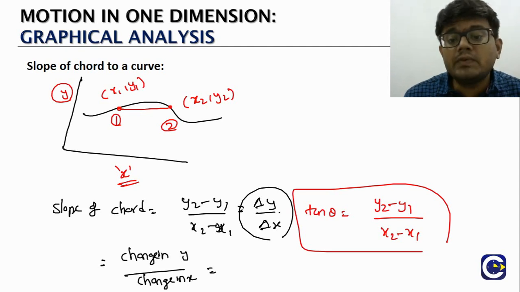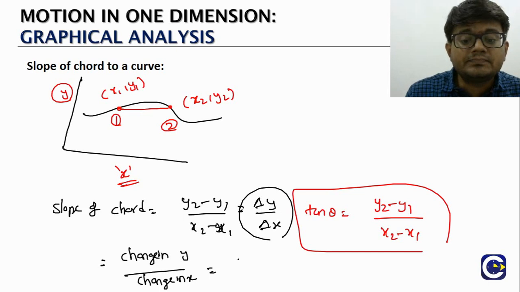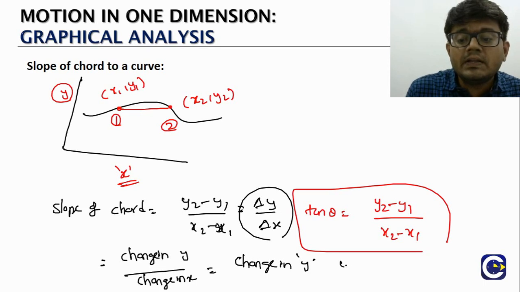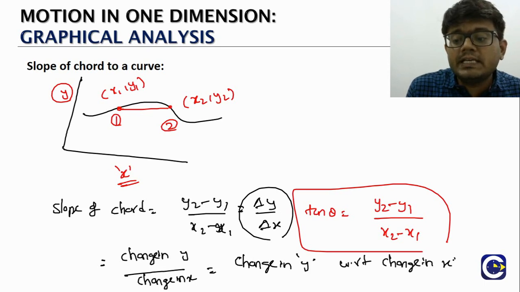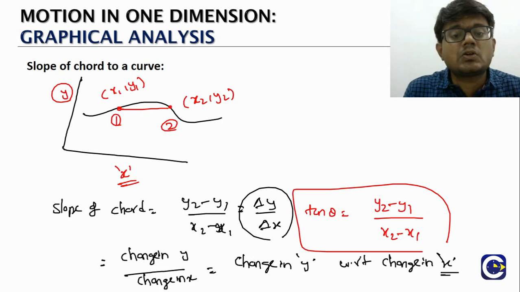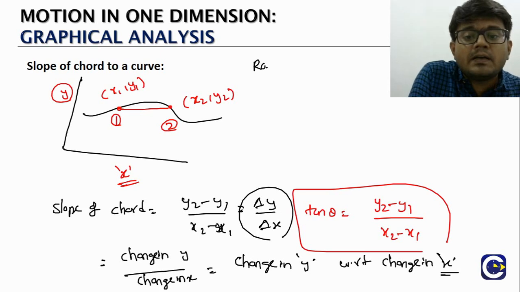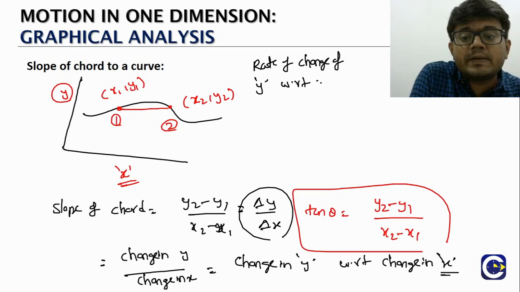So this is what we can say is the change in y with respect to change in x. So we can also call it the rate of change of y with respect to x.